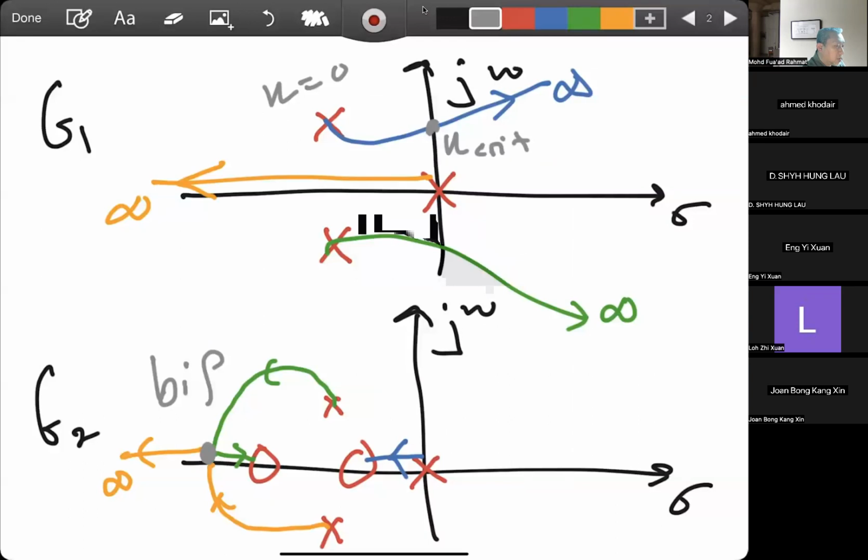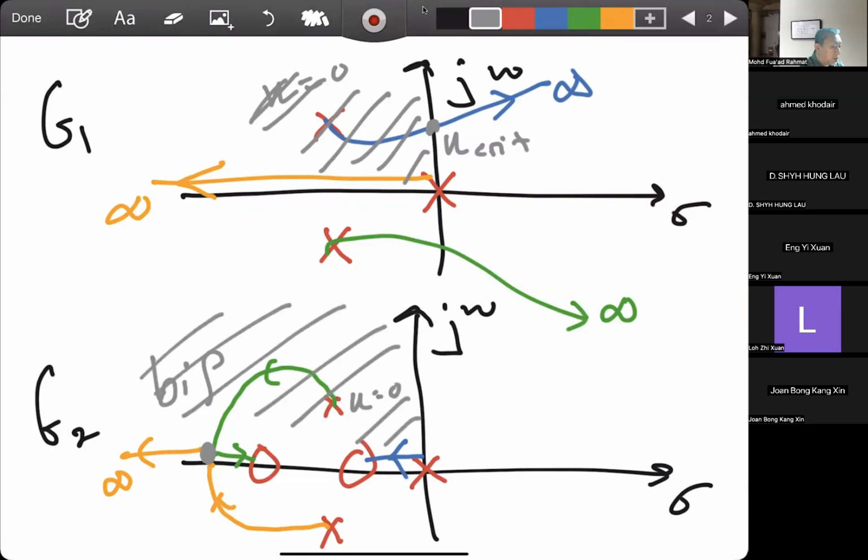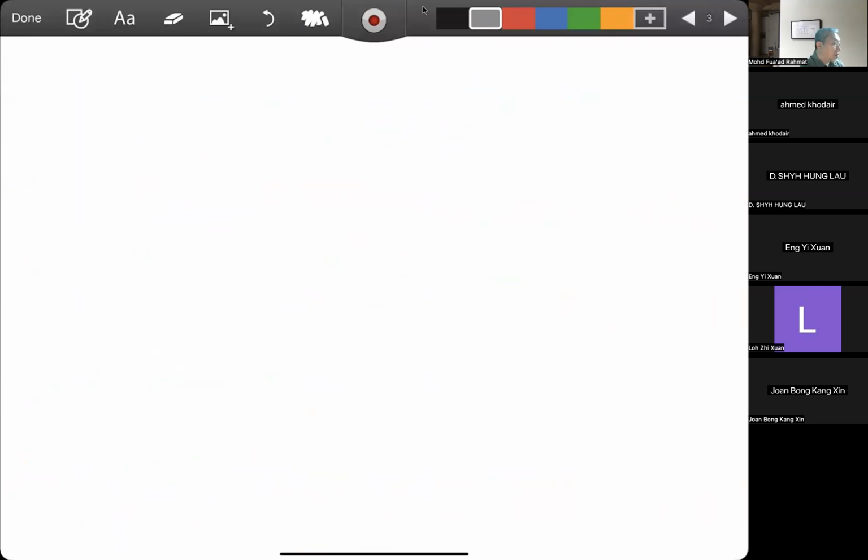So this is the stable region. And from here, K equals 0 until here, this is the stable region. Once it passes to this area, it is not stable anymore.